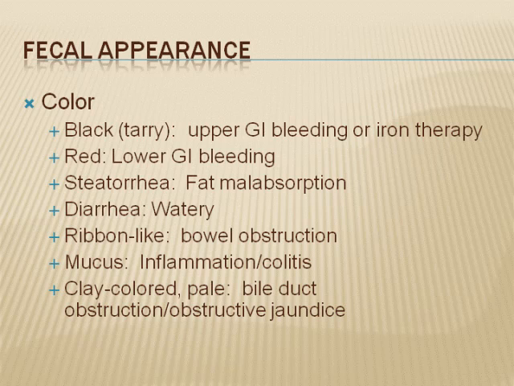If it looks ribbon-like, that means there's a bowel obstruction and it is not being passed through the GI tract correctly. If there's mucus, it indicates inflammation, colitis, or possibly infection. You can have clay-colored or pale stool samples, and that indicates an obstruction of the bile duct or obstructive jaundice.